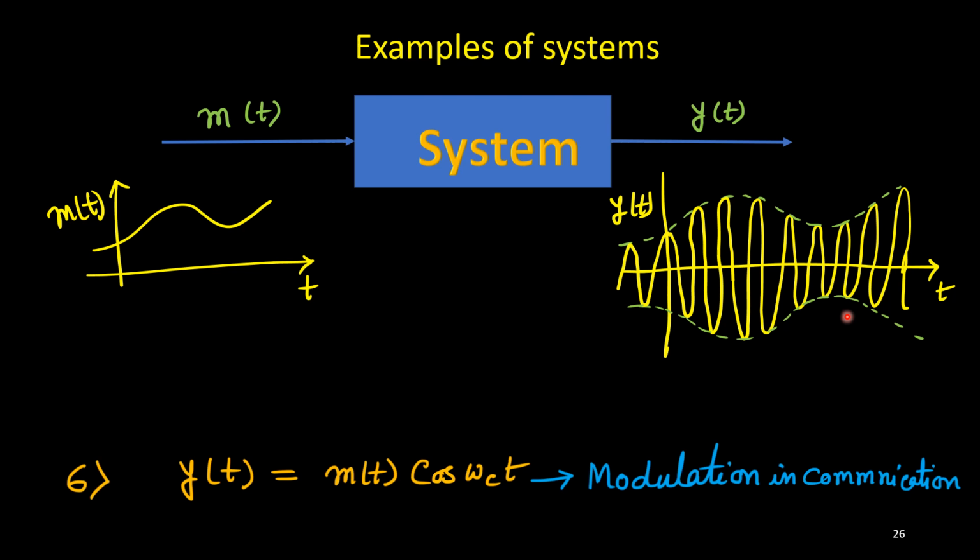Every communication system will have a modulator on the transmitting side, and in the demodulator this modulated signal is converted back to the message signal, which is used on the receiving side, because we need the message signal back at the end. So whenever there is a modulator on the transmitting side, there should be a corresponding demodulator on the receiving side.